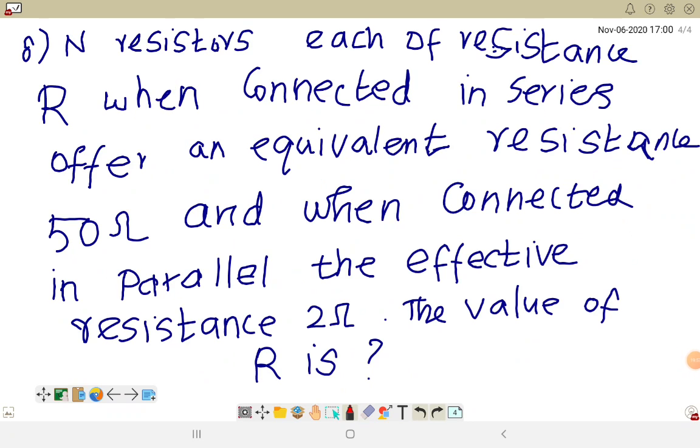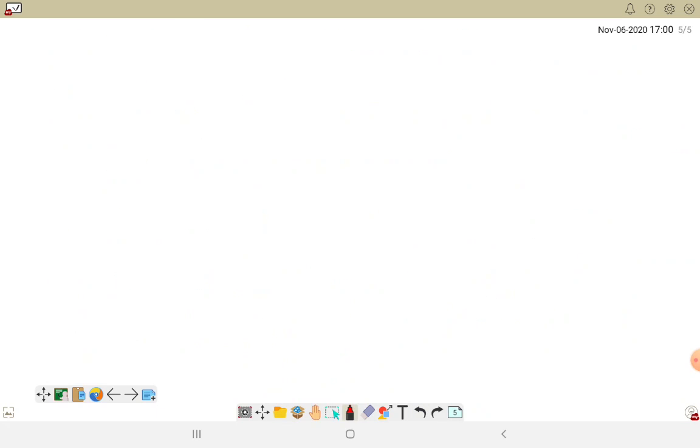So next, problem 8. N resistors each of resistance R, when connected in series, offer an equivalent resistance 50 ohm. In parallel, equivalent resistance 2 ohm. What is the value of R? For example, consider when two resistors are connected in series.